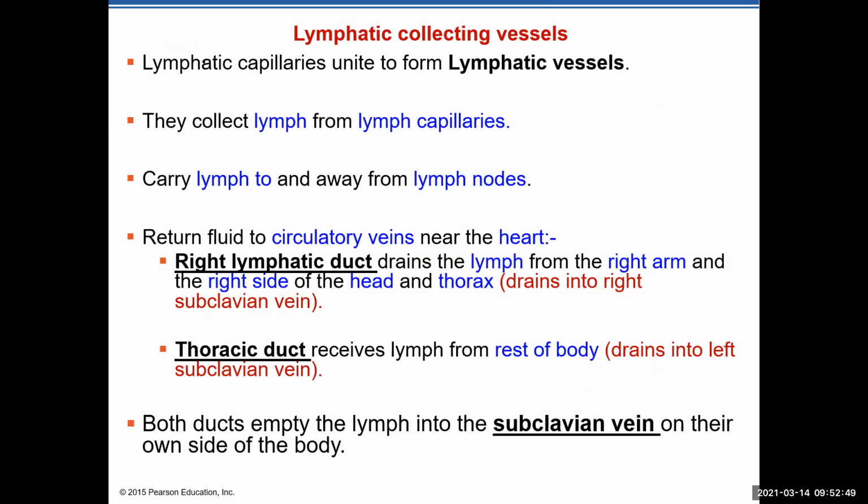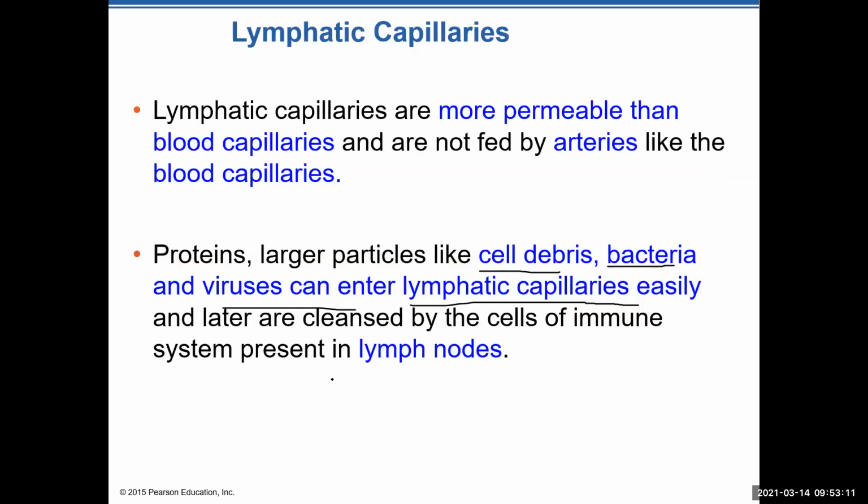Now, what will happen? These lymphatic capillaries will all unite, the way we said that blood capillaries unite and form the venules. Same thing: these lymphatic capillaries unite to form the lymphatic vessels. And then finally, what happens? I'll show the diagram over here.